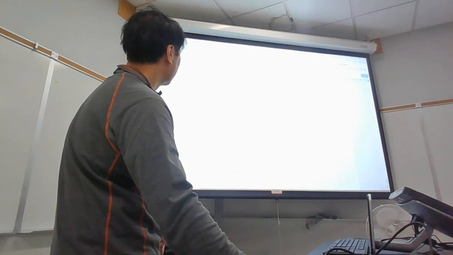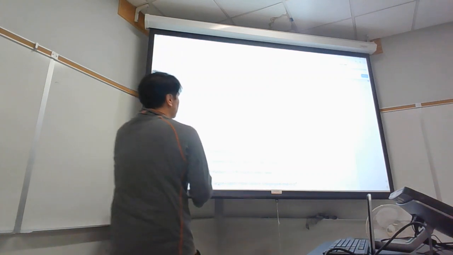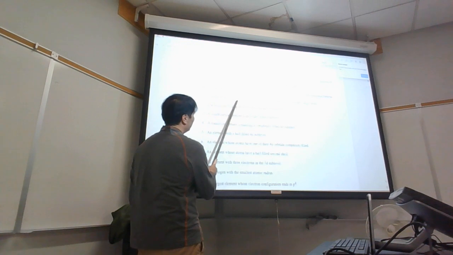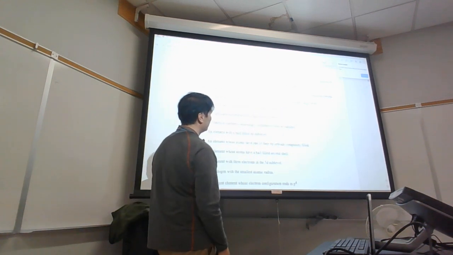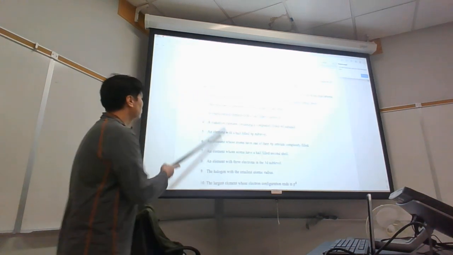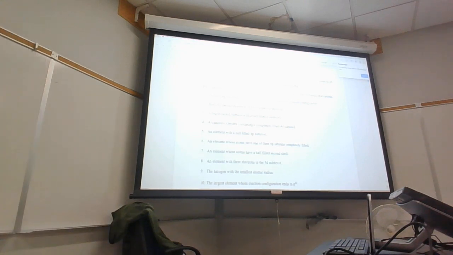Take a look at some of these other practice questions on the periodic table. The third period element with 6 electrons in its outermost principal energy level. That's third period element, third shell with 6 valence electrons.